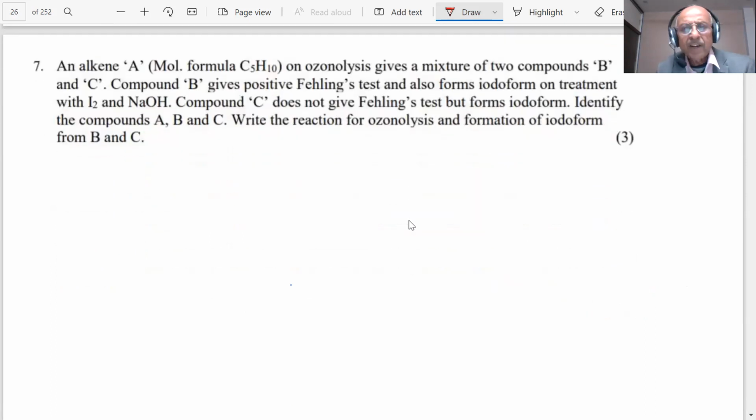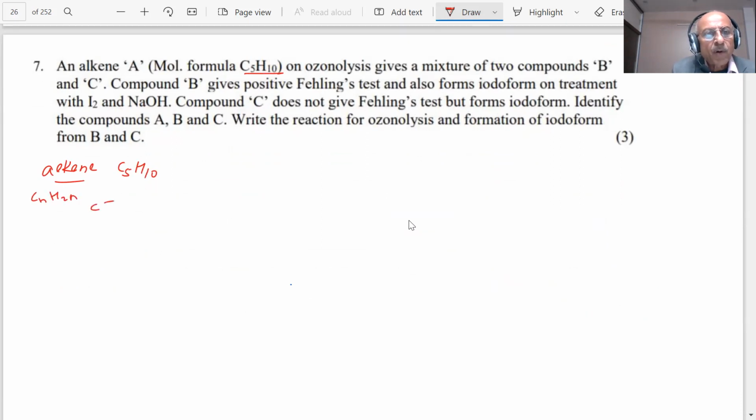What it says, student, an alkene is there. You have studied the ozonolysis reaction of alkene. You know what an alkene is? Molecular formula C5H10. CnH2n is an alkene. There should be a double bond, student. Ozonolysis reaction. What is the ozonolysis reaction of a double bond?